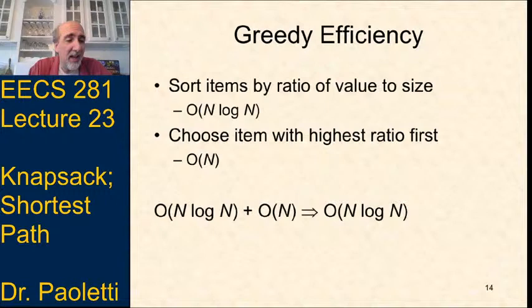Even if we didn't do the greedy ratio and did any of the others, we might have to sort by size or sort by value. Whatever we have to sort by is the longest step, O of n log n. So not a terrible complexity.